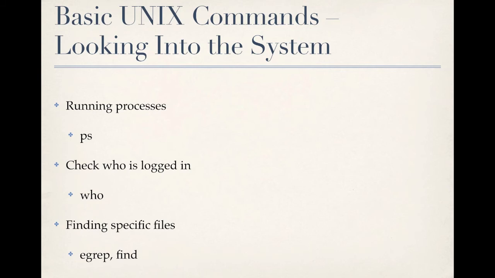Okay. Then we have a few other commands like ps for looking for the running processes. We can also check out which other people or other logins are active on our system, and we can find specific files with grep. I'll show you this one here.